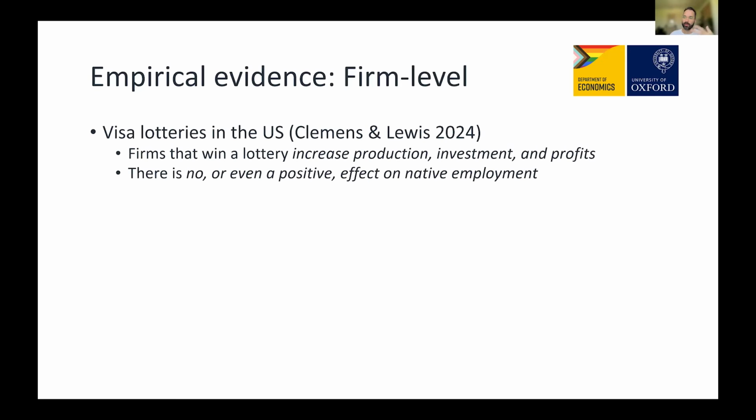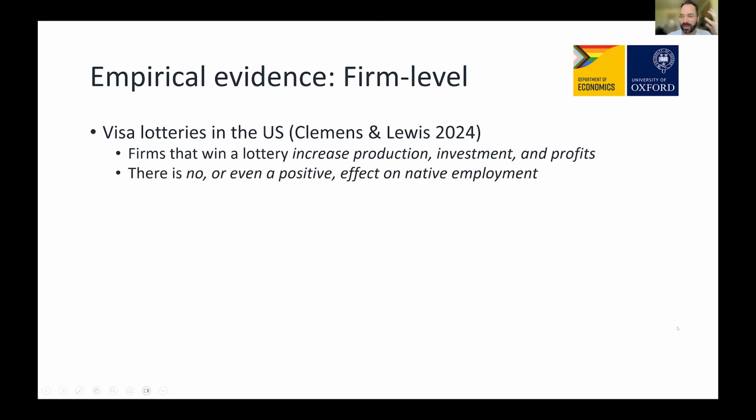This is the way the literature has moved, because these labor markets are so different, and selection is such a big issue. People have tended to zoom in on local firms and see what happens within the particular firm once they start getting access to more migrants.